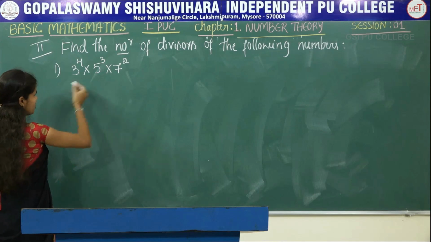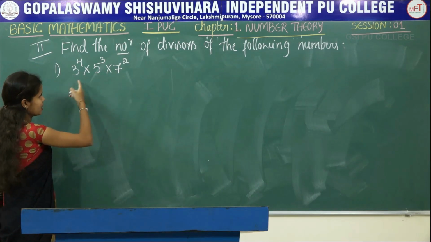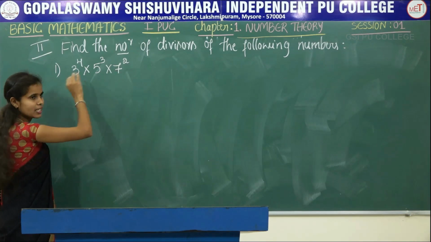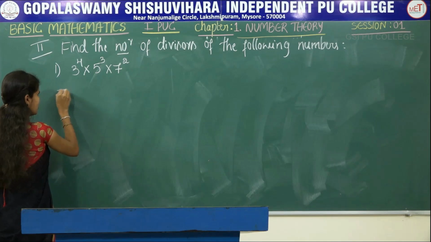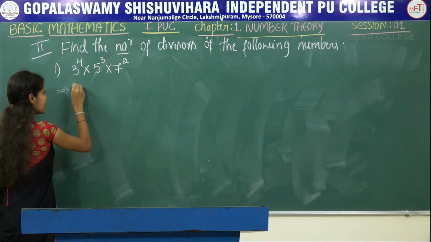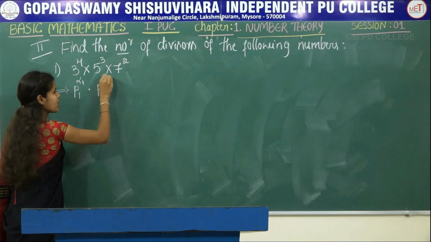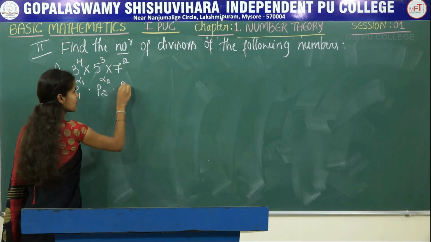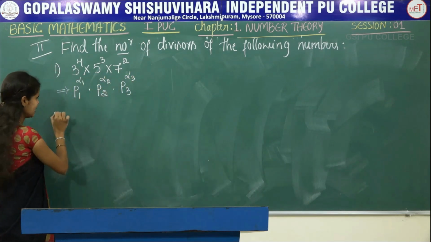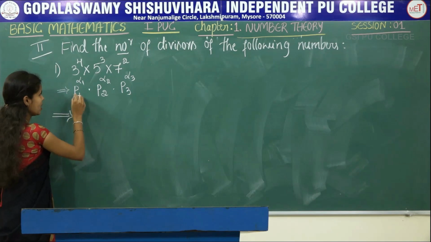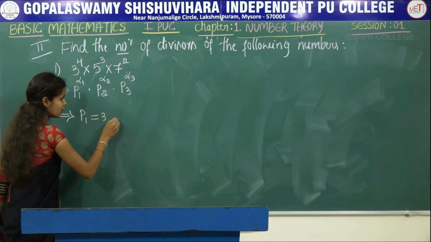Okay. Observe, here we want to find out the number of positive divisors of the given number. So it is already in the form of canonical representation. So compare, this is in the form of P1 to the power of alpha 1 into P2 to the power of alpha 2 into P3 to the power of alpha 3. There implies we get P1 means 3.